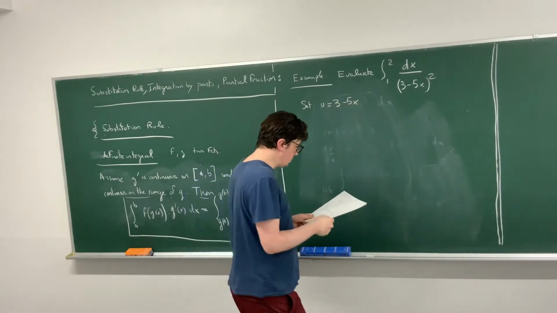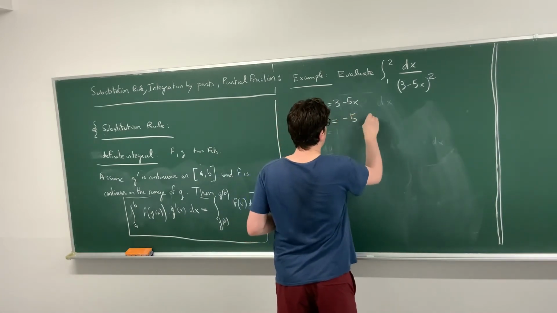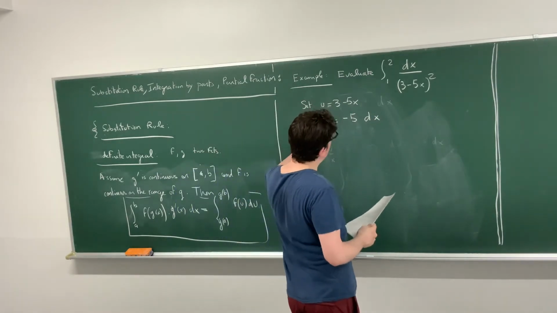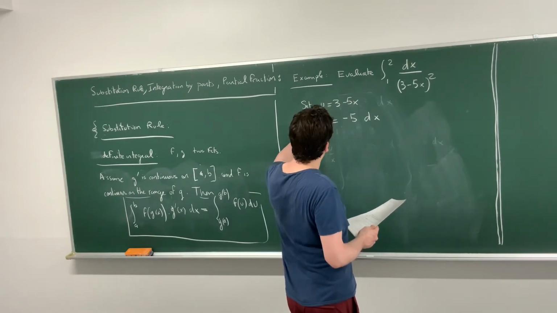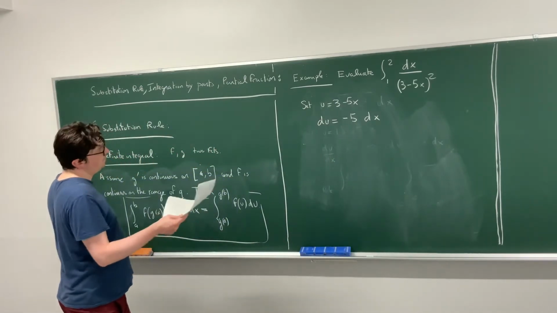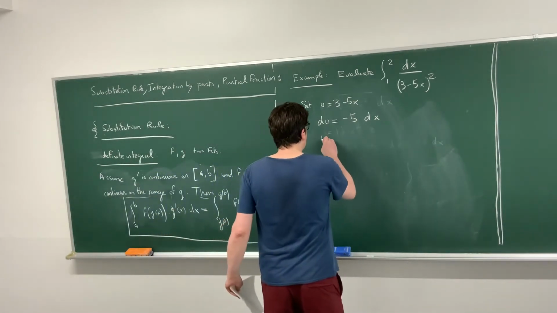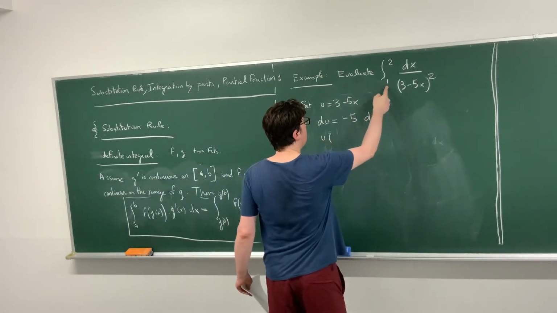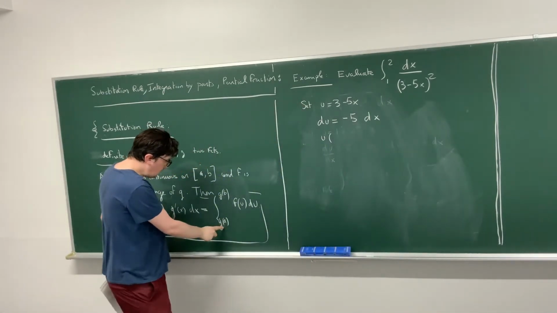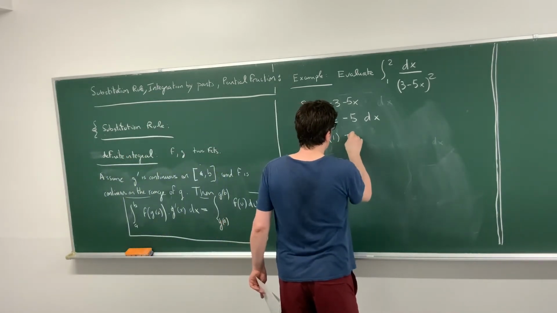And then, as before, we conclude that du will be minus 5 dx. Here u is our g of x, and this is definitely a continuous function because it's a polynomial. The original integration on the left-hand side was between 1 and 2, so on the right-hand side it will be between g of a and g of b, which is u of 1 and u of 2.